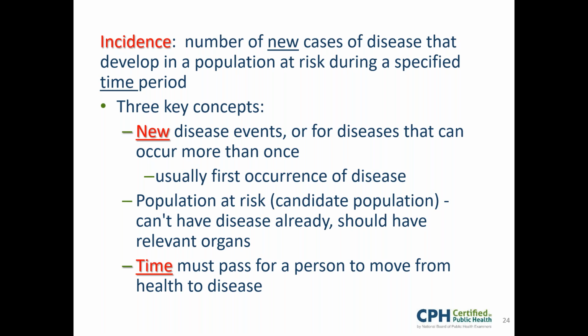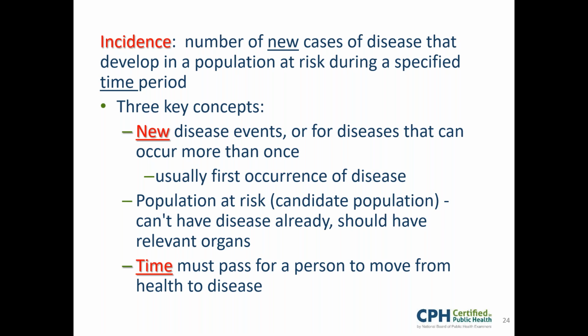Again, the population must be at risk for the particular condition of interest, meaning they can't already have the disease and they should have the relevant organs. So for example, we would not calculate incidence of prostate cancer with women in the numerator or the denominator because women don't have a prostate.